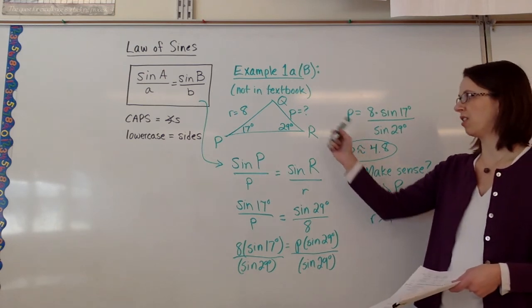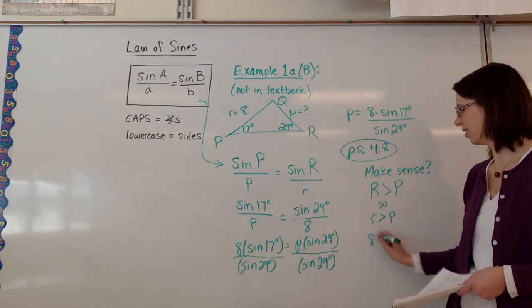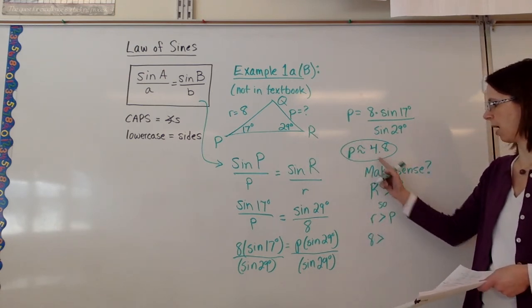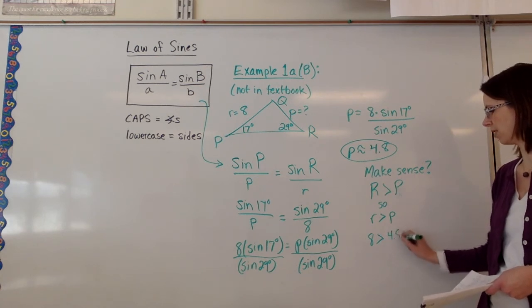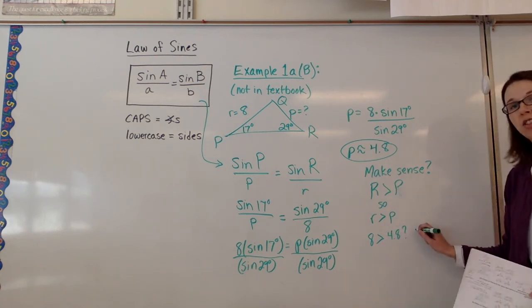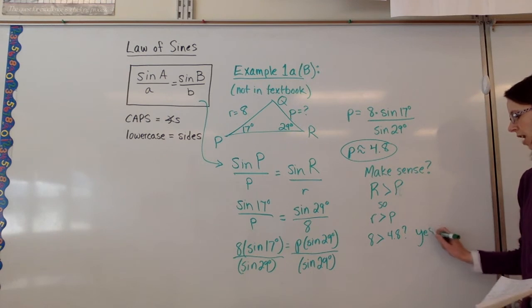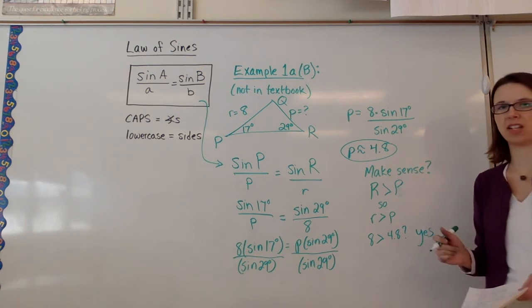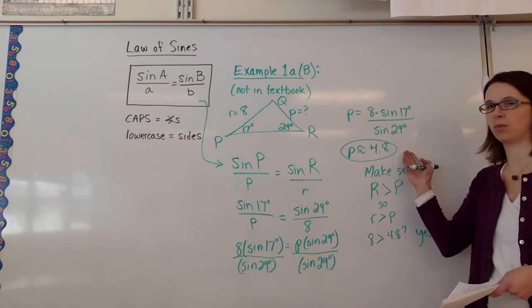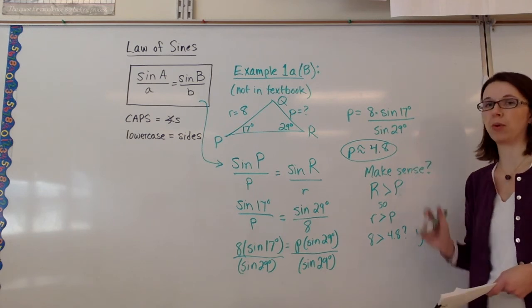And if we plug in the values, we know R is 8, and the P that we just came up with is 4.8. And so the answer to that question is, yes, that works out. And so we can have confidence in our answer that our calculator gave us, which was 4.8.